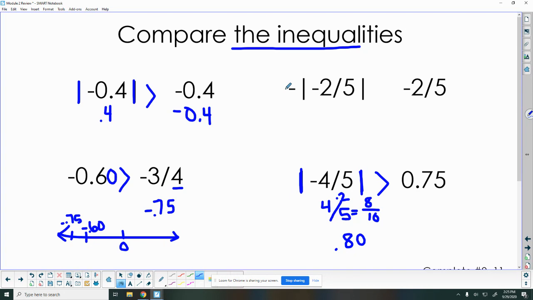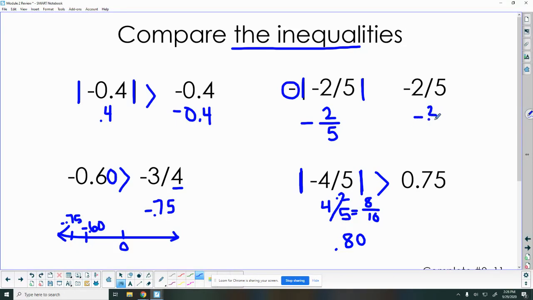Okay, our last one here. A little trickier, so let's see if we can think about this. Let's start inside our absolute value, -2/5. It's the absolute value, and I know value is positive. From negative 2/5 to 0 is 2/5. But now it wants us to make it the opposite. So the opposite of 2/5 is negative 2/5.